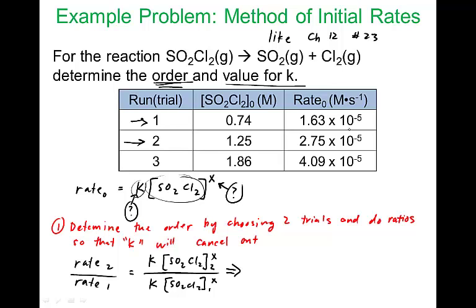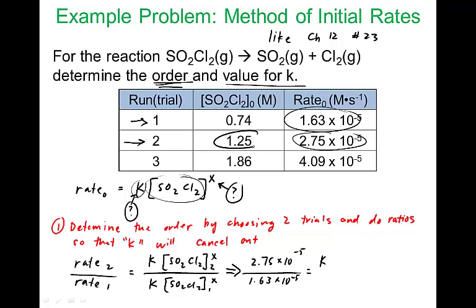So plugging in the numbers here, here's our rates. So we're going to put rate 2 over rate 1, 2.75 times 10 to the negative 5th over 1.63 times 10 to the negative 5th equals, I put the wrong thing here.